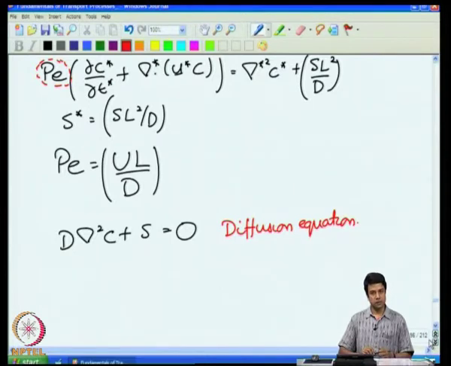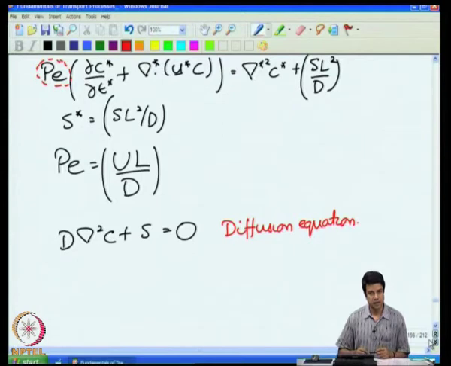Turns out not to be the case, because when we neglect the diffusion term, we have converted the second order differential equation to a first order, and we will not be able to satisfy all boundary conditions. That is the mathematical reason.